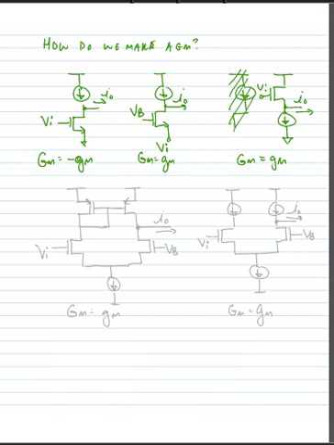Now, the circuits that we looked at on the prior slide were differential transconductors. So you can imagine one way to make a differential transconductor with a single-ended output would be our differential pair that we've looked at quite frequently with a current mirror load.